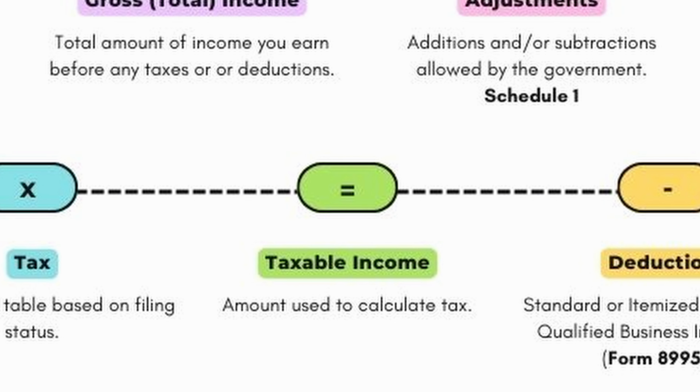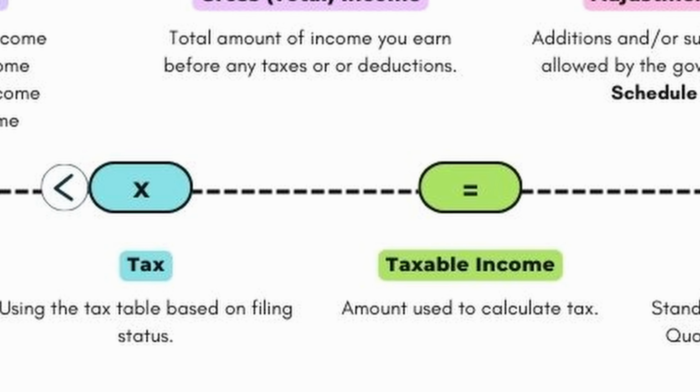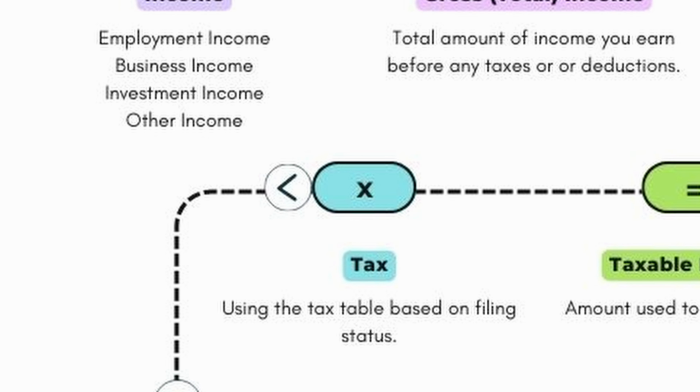Taxable income is what is run through the tax tables with the IRS, and there's several tax tables because it all depends on how much you make and how you're filing your tax return. Are you single? Are you married filing joint? From there, once you figure out what the tax due on that taxable income, you multiply times your tax rate. From there, you're still not done with your tax return.